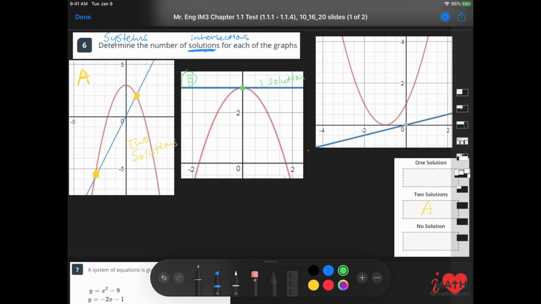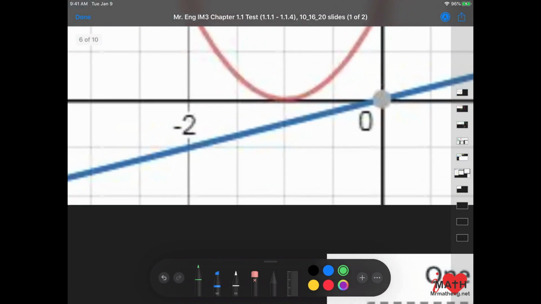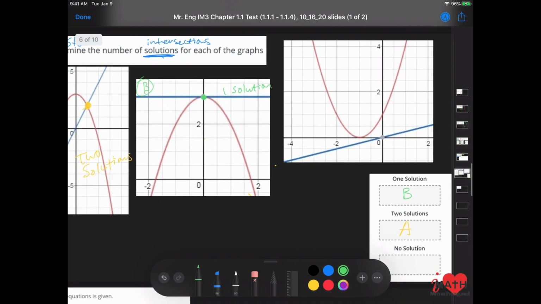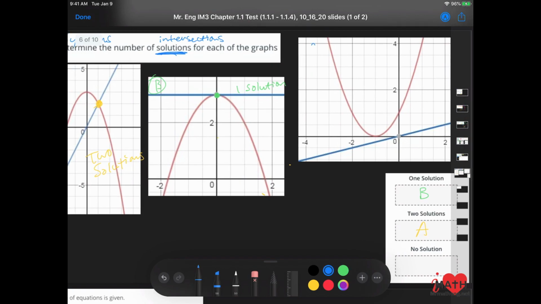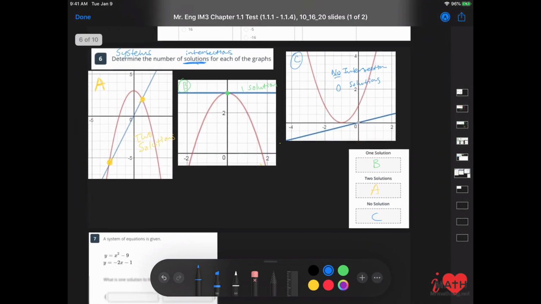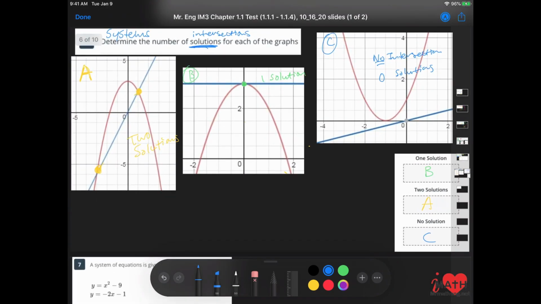And then this last one looks like it, but does not. This is graph C. There is no intersection. No intersection means 0 solutions. So BAC is your answer. That's question number 6.